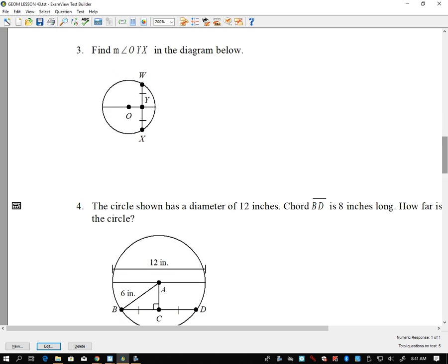Okay. Let's see. Katie, the measure of angle OYX. What is that? It's a right angle. Okay. Do you know why it's a right angle? So let's see if we can find a theorem or postulate in our book. I think that theorem or postulate would be on page 282.